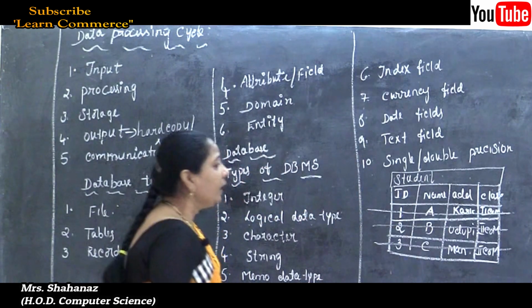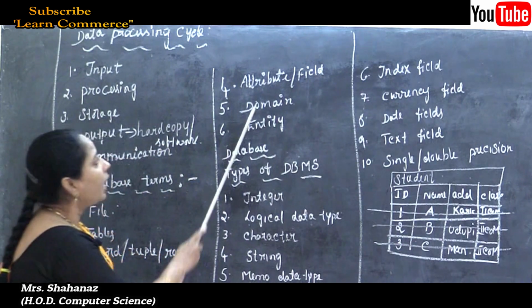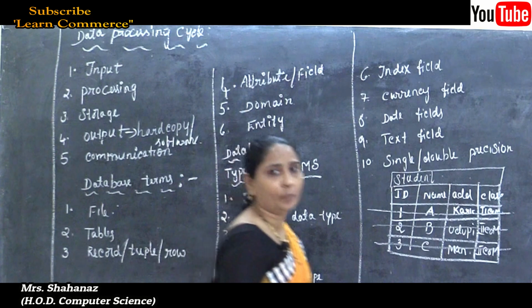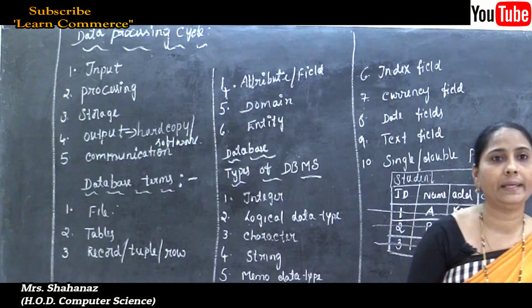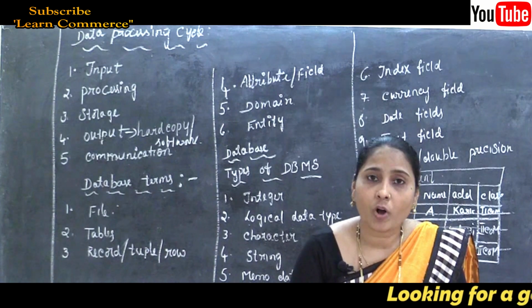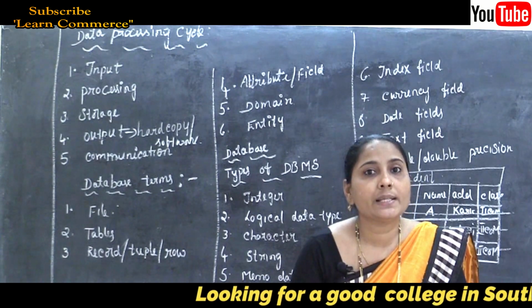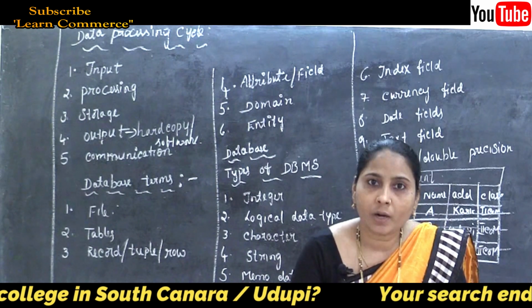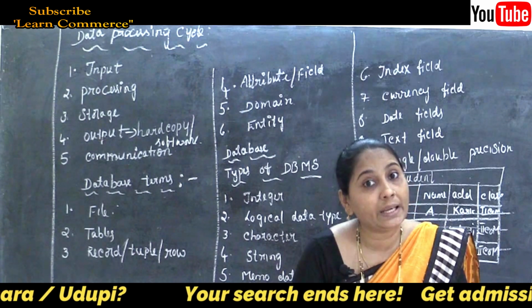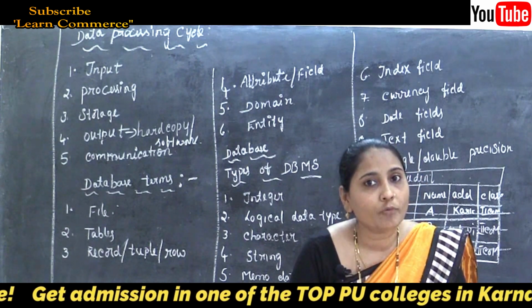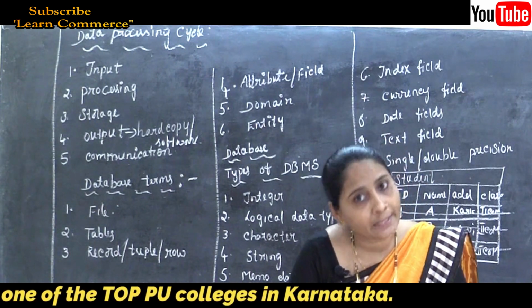And next, after the attribute or the fields, the next thing is the domain, D-O-M-A-I-N. So what do you mean by a domain? It is the set of values that we are going to enter in each column, in each cell of the table. So this is the set of values for an attribute in that column.